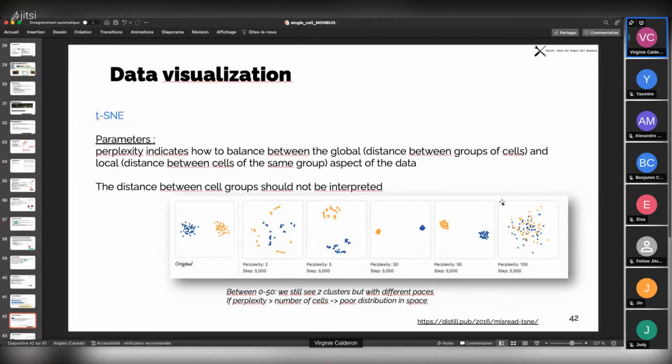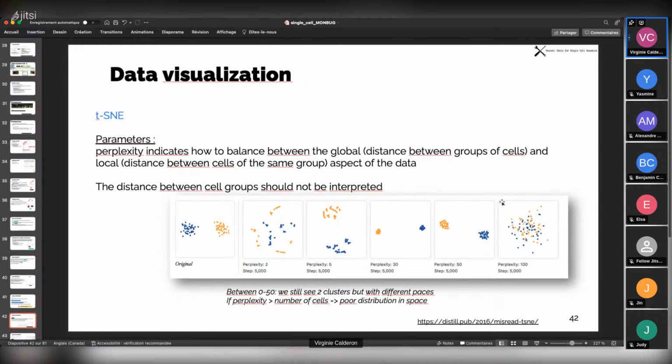So just to compare t-SNE and UMAP a little bit. The t-SNE projection is based on one parameter called the perplexity. It's a parameter to balance the global and the local aspects of the data. The global aspect is the distance between groups of cells, so between the future clusters.